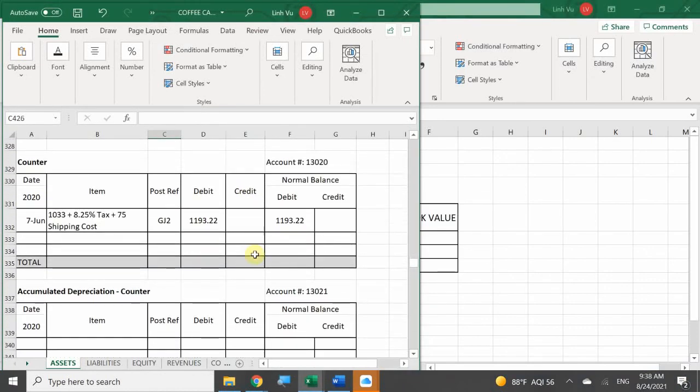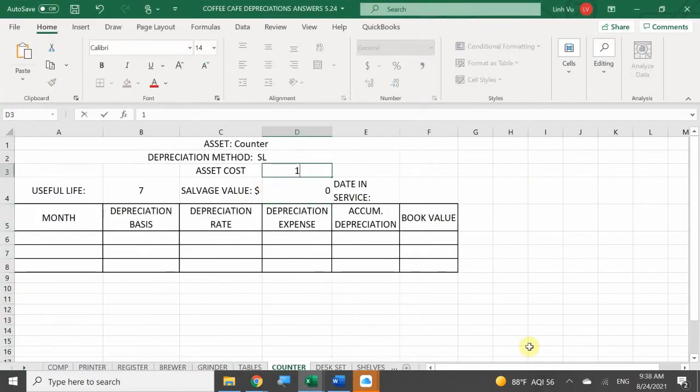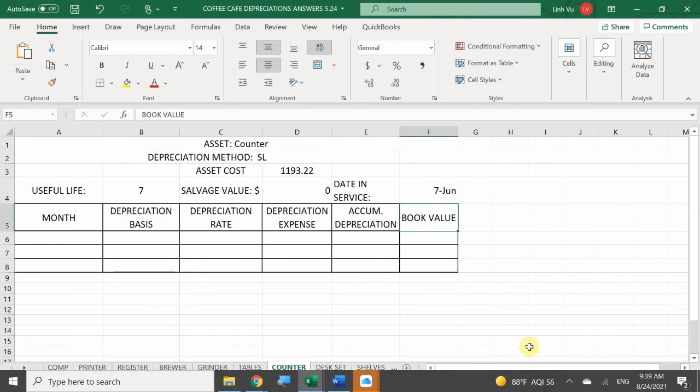When did we buy our counter and how much is it? We bought it June 7th, and the cost was $1193.22. Let's solve the depreciation for the month of June.